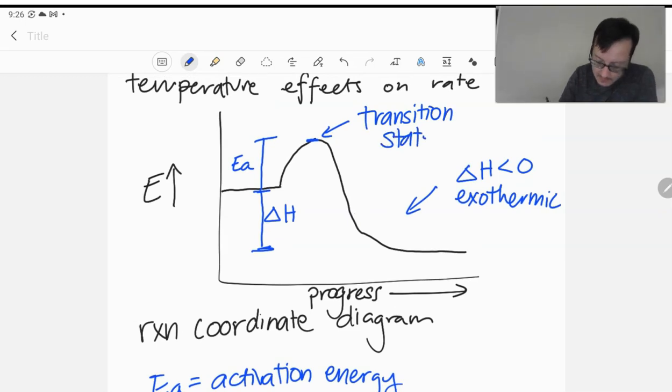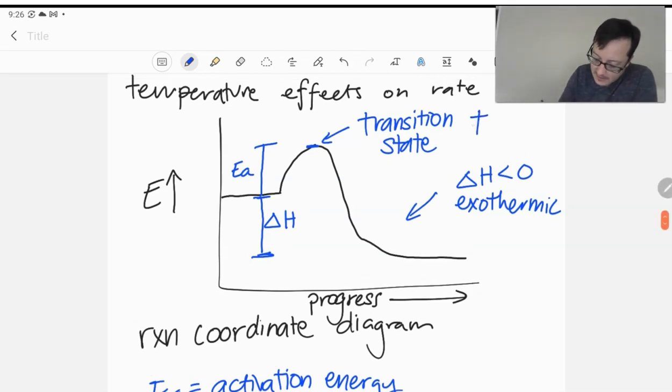It is basically where we are breaking our old bonds and forming our new bonds at once, that kind of in-between stage. They call this symbol a double dagger, and a transition state is abbreviated with this symbol.